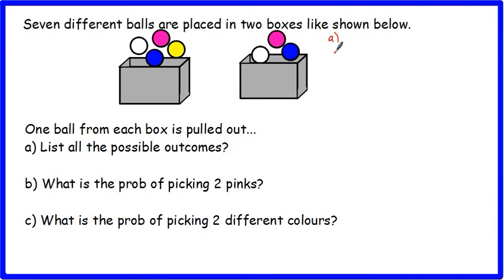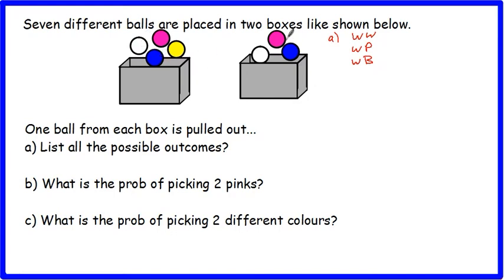So I'm going to fix here on the white. You could get a white with a white, a white with a pink, a white with a blue. So I've done that for the whites. Then I'll do the same again for the blues.